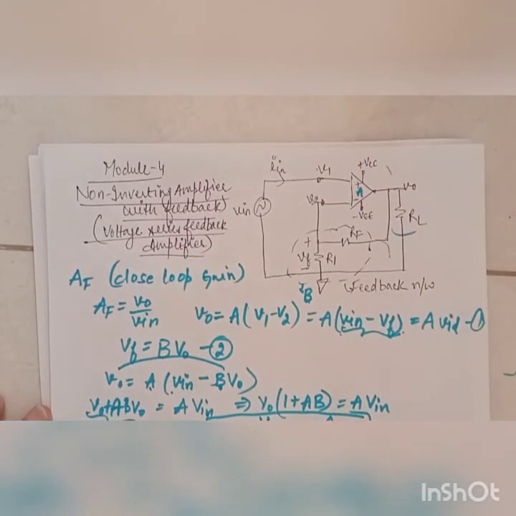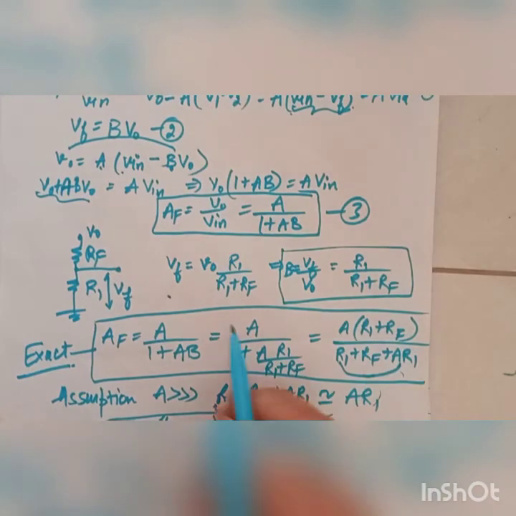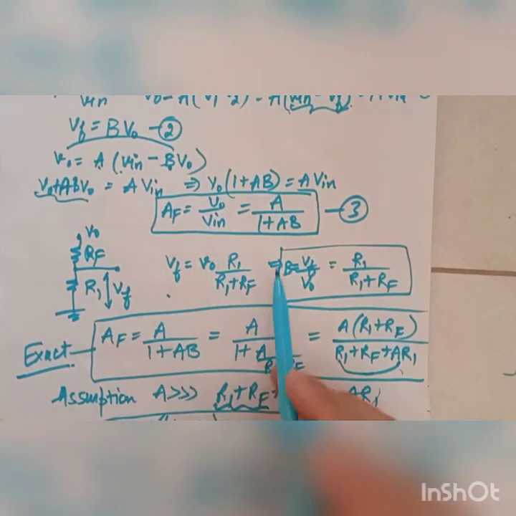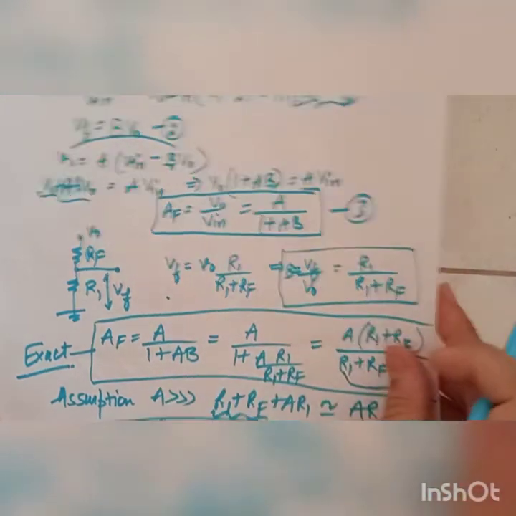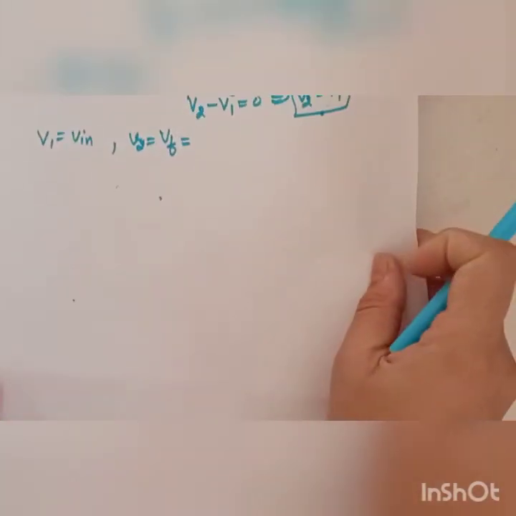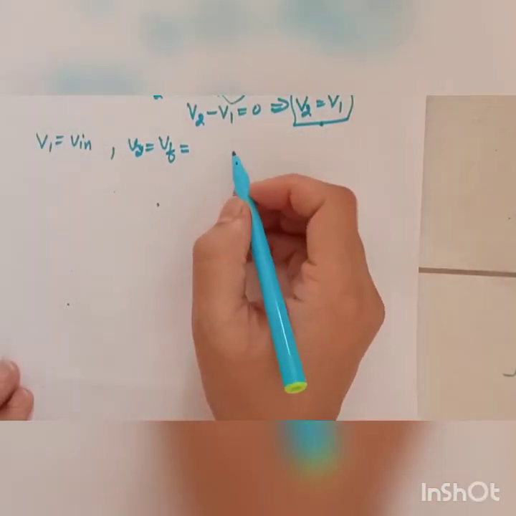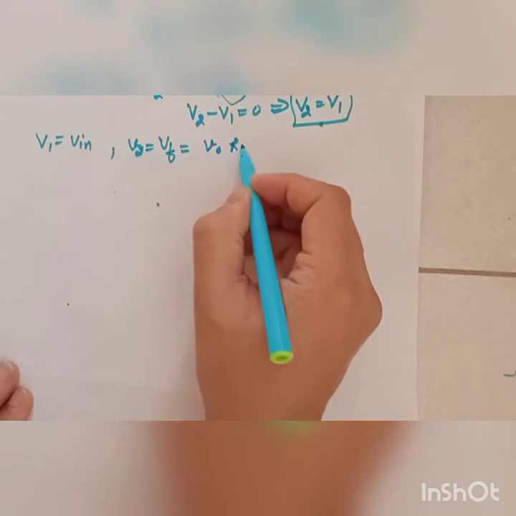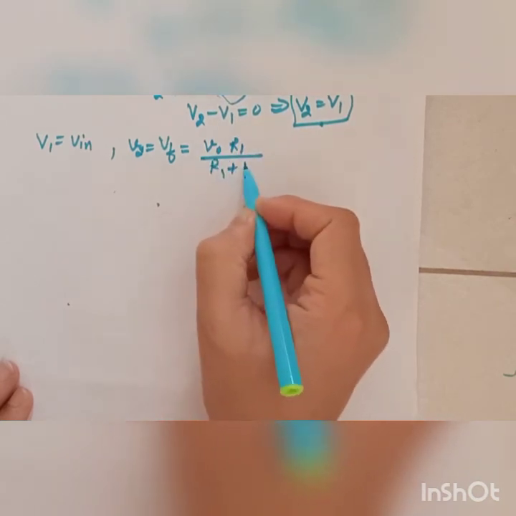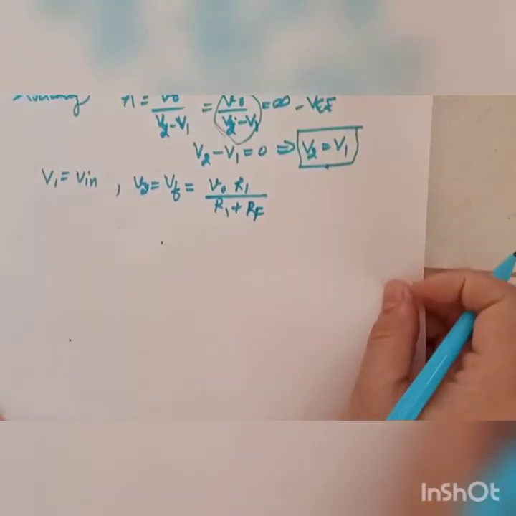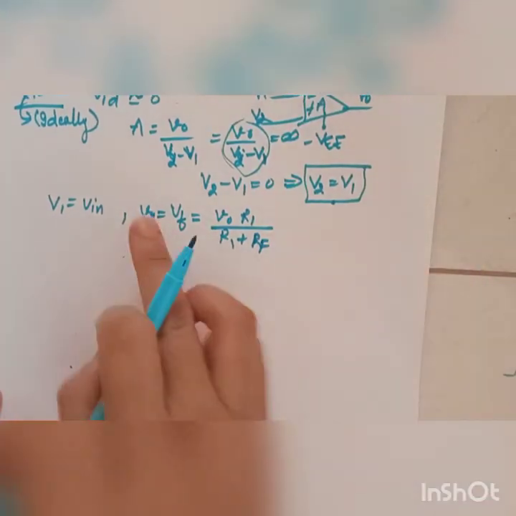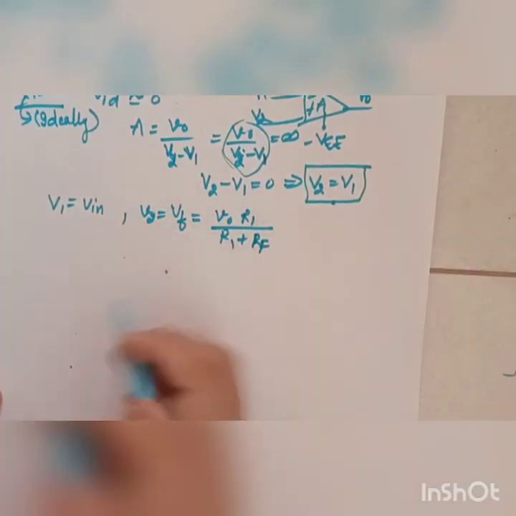I'll write this formula once again. Your Vf is nothing but V0 R1 over R1 plus RF. So this is the value of Vf or V2, which we already found out.